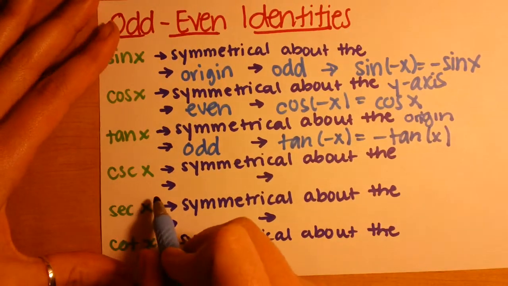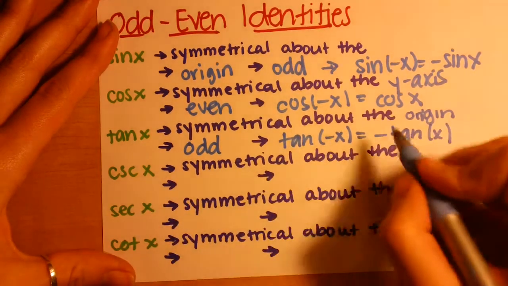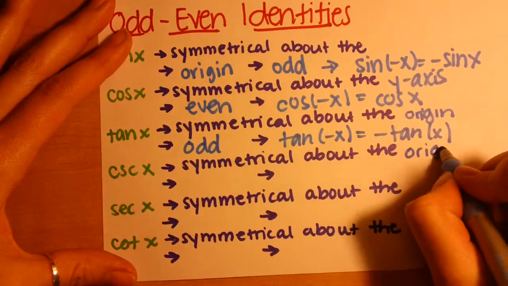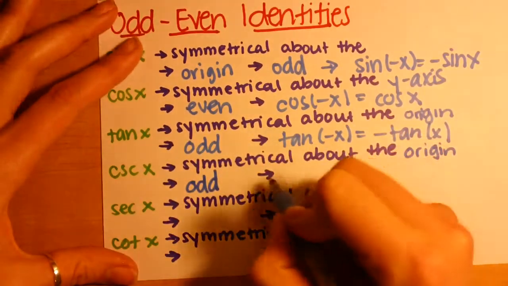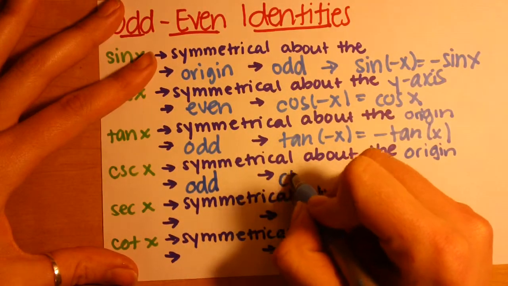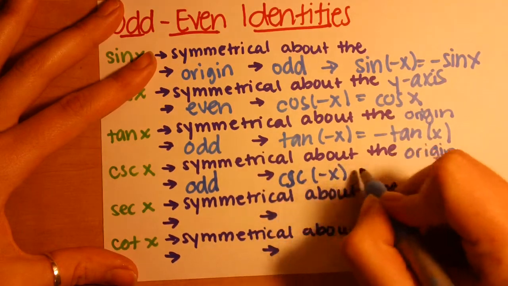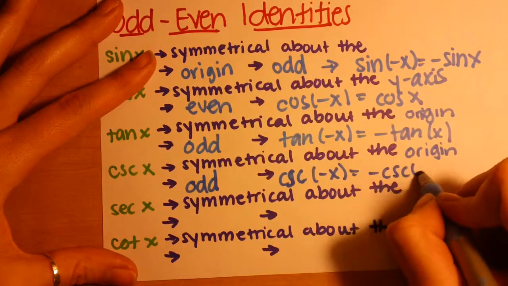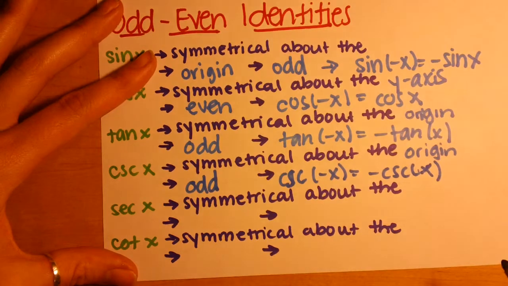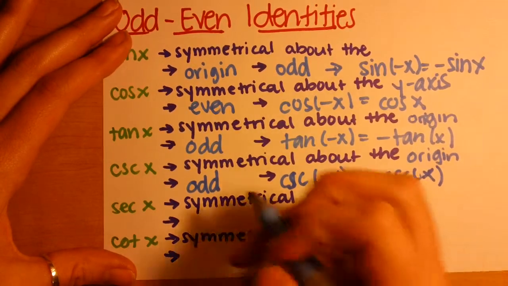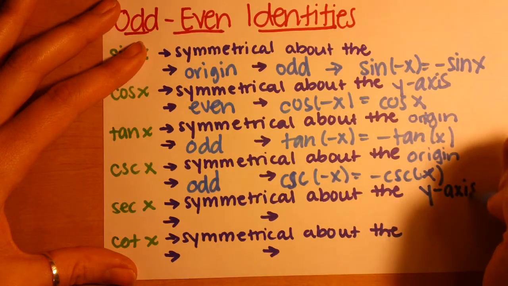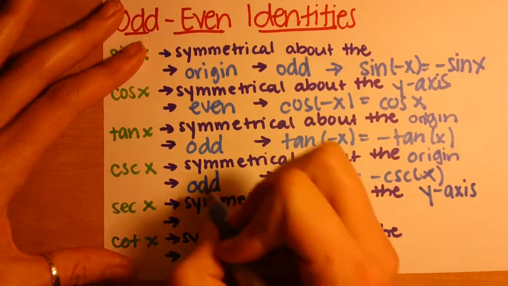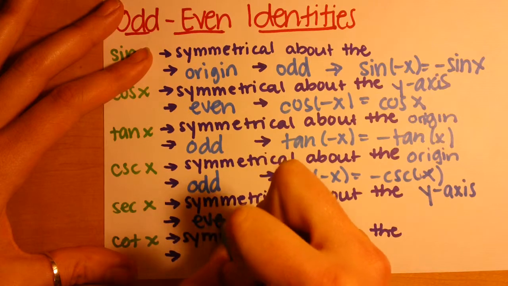Now cosecant is symmetrical about the origin as well. So again, it's going to be odd, and you'll get the cosecant of negative x equals negative cosecant of x. Okay? Now secant is symmetrical about the y-axis, so we'll have this being even.